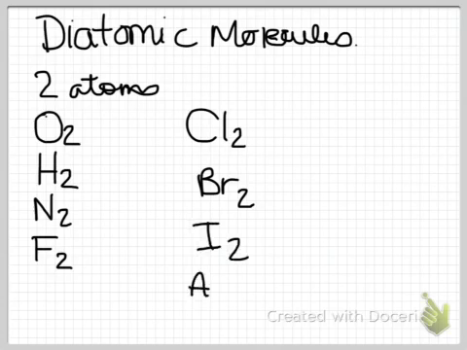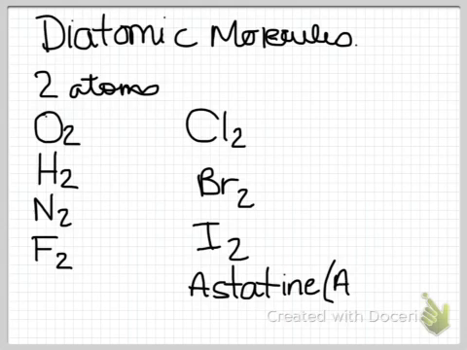And astatine. I don't know how to say that one. At2. All right, so those are diatomic molecules. So, are they compounds? Not really, because they're not made up of more than one element. It's just the same element. So they are just called diatomic molecules.